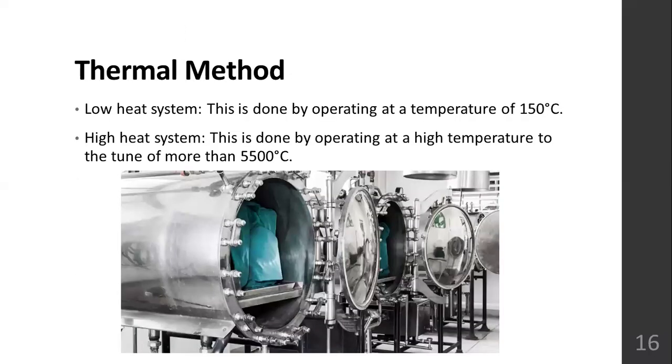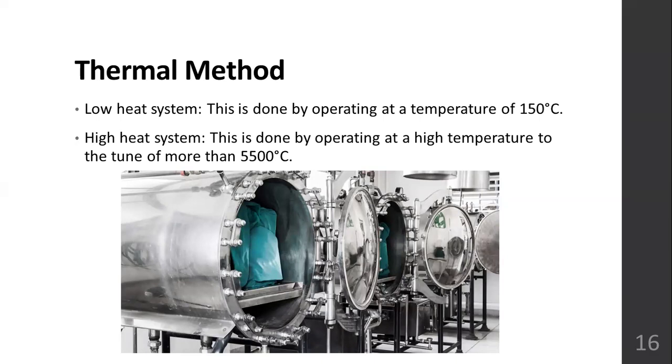Next, we have the thermal method where heat is used. This process is used to decontaminate and destroy medical waste. Most of the microbes are also destroyed during this process. High temperature of anything more than 100 degrees Celsius is used, and we call it a thermal method. So we have low heat system and high heat system, two types of thermal methods.